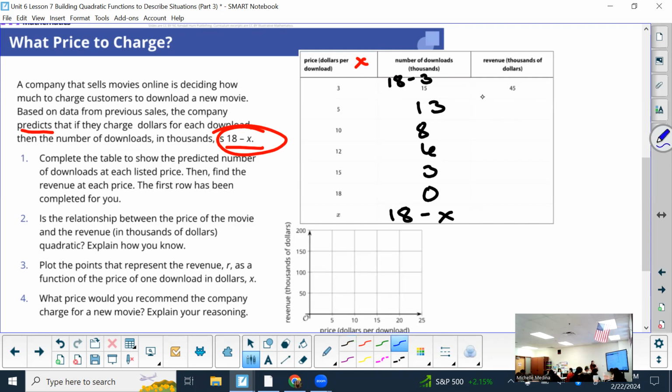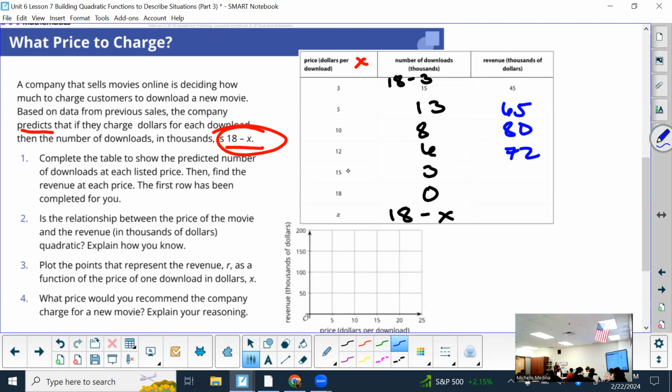65 sounds right. Feel free to check that math, those of you with calculators. All right, table 6, what about when the price is $10 per download? Table 1, what about when the price is $12 per download?